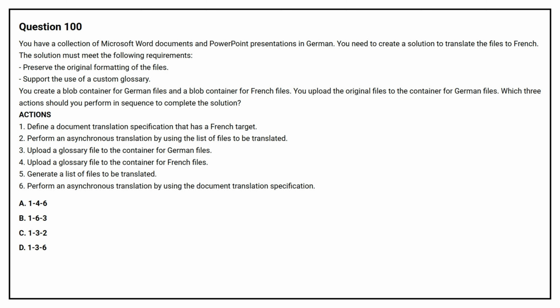Upload a glossary file to the container for French files. 5. Generate a list of files to be translated. 6. Perform an asynchronous translation by using the document translation specification.